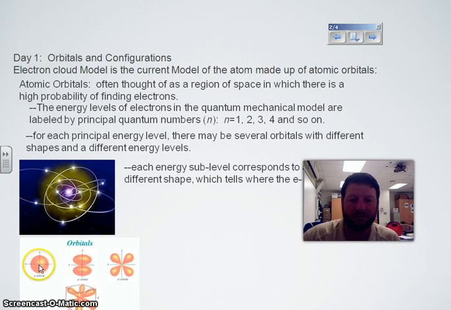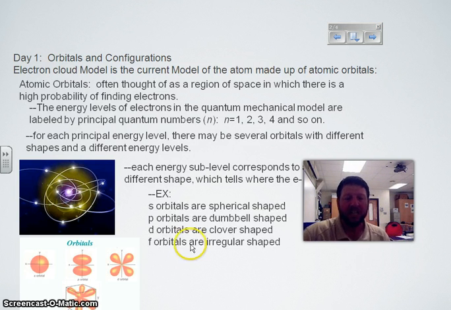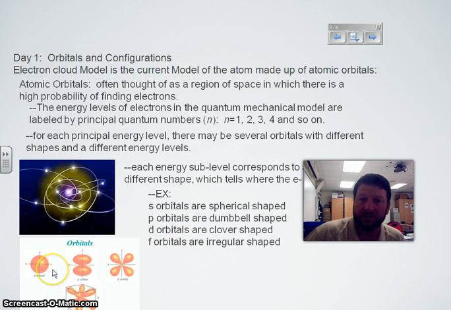These are sub-levels, orbitals that are in each energy level. And this is where you can find the electrons. As you can see, the s orbitals are spherical, the p orbitals are dumbbell shaped, the d orbitals are clover shaped, and the f orbitals have this irregular shape.